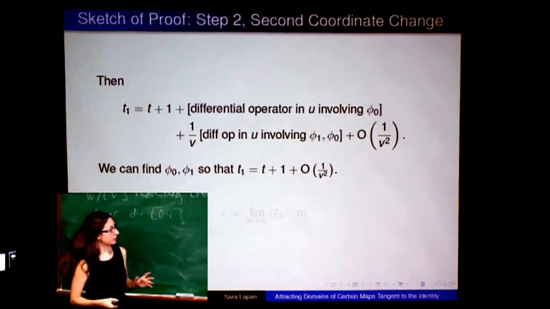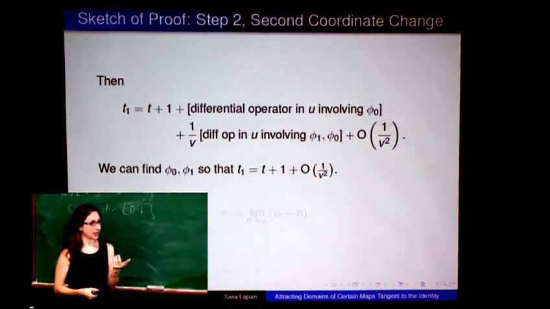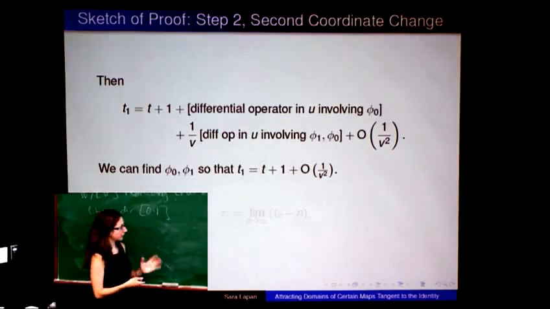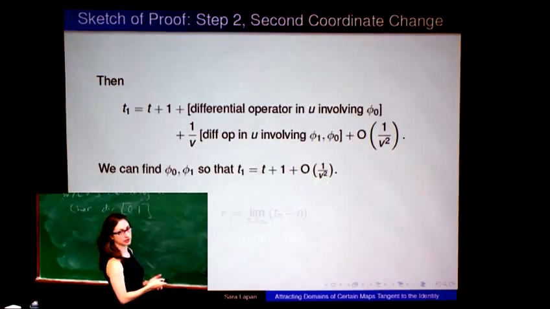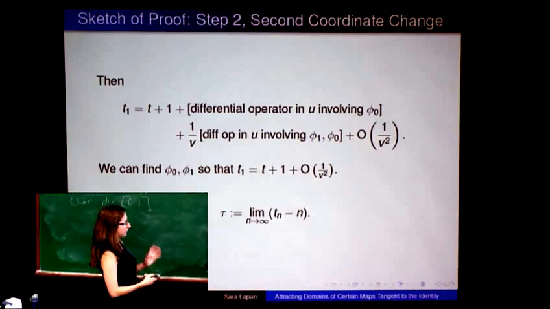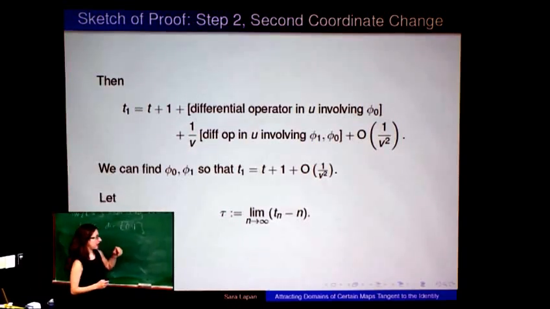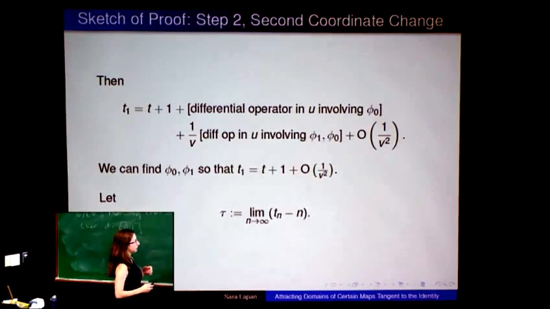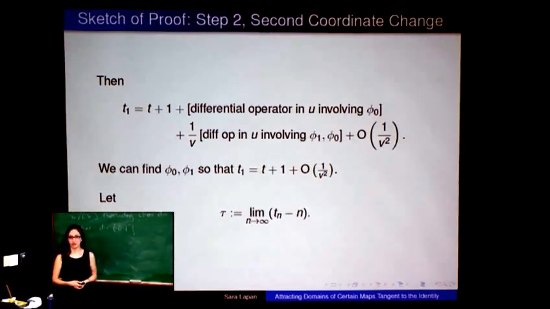So the v term, vn, we had before, it behaved roughly like n, but not perfectly, but since it's close enough now, these terms are going to be very small. So we can use now what was before our naive approach, and let tau be equal to the limit as n goes to infinity of Tn minus n.